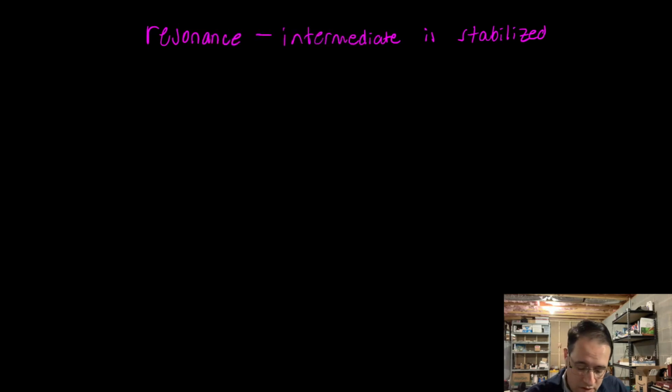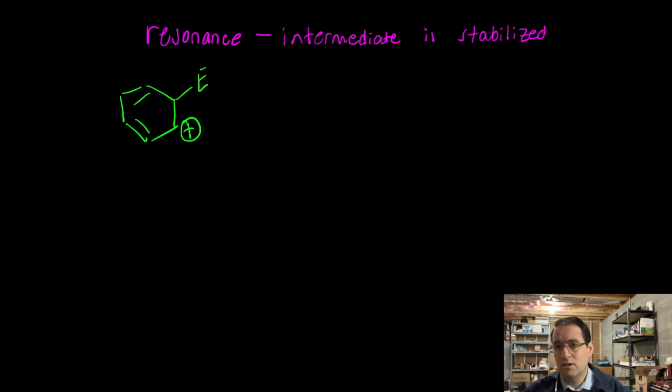So if we draw this carbocation here, I'll leave the H off there. I'm not going to draw H's really here, but it's looking like a carbocation, right? So we can use curved arrows here to show how these pi bonding electrons could be scooted over to the right.